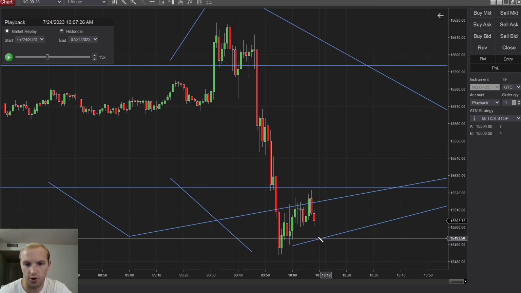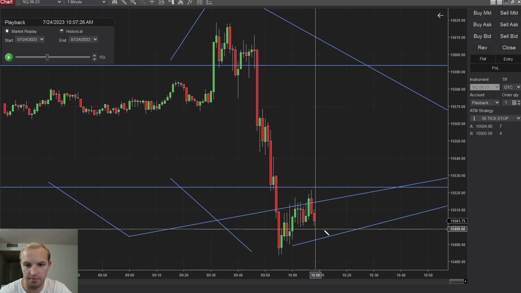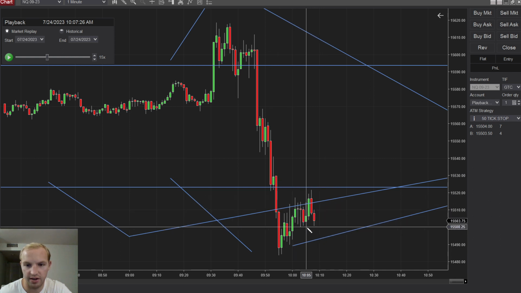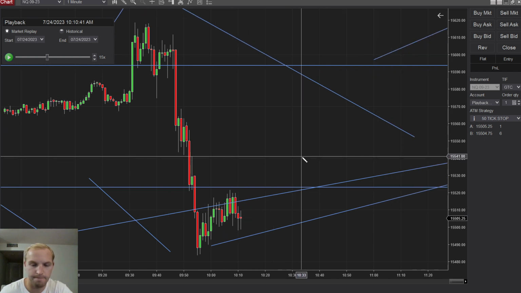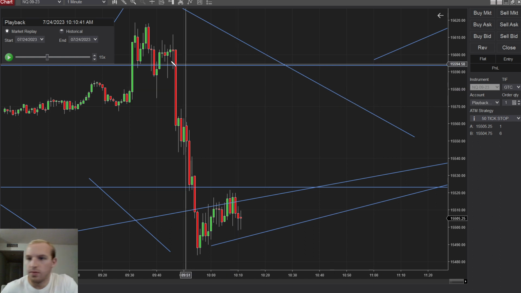If we reject here, I'd like to see it break below the lows again. Kind of choppy. Is it going to break? Broke the low. Okay. So maybe I could be looking for shorts.